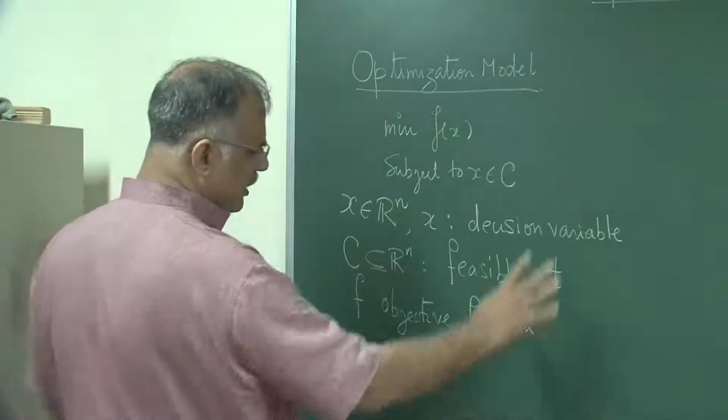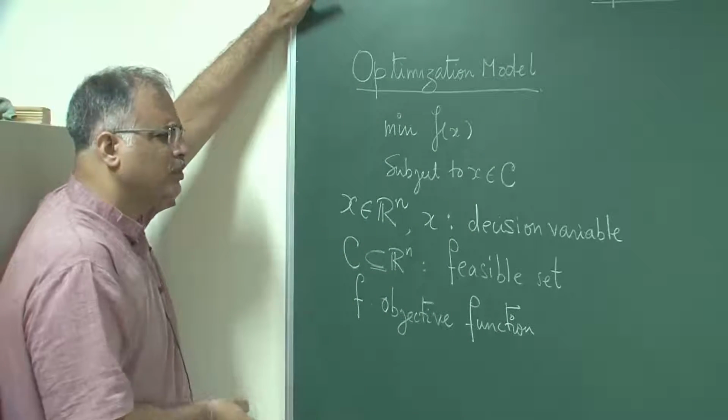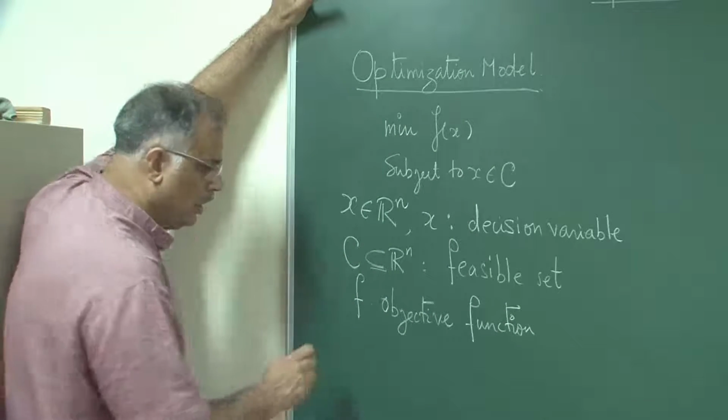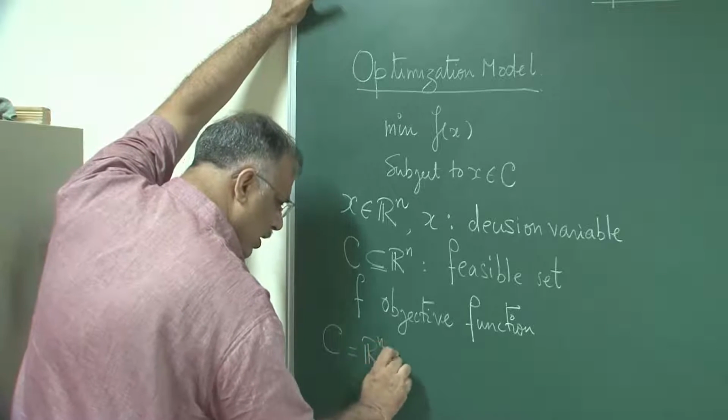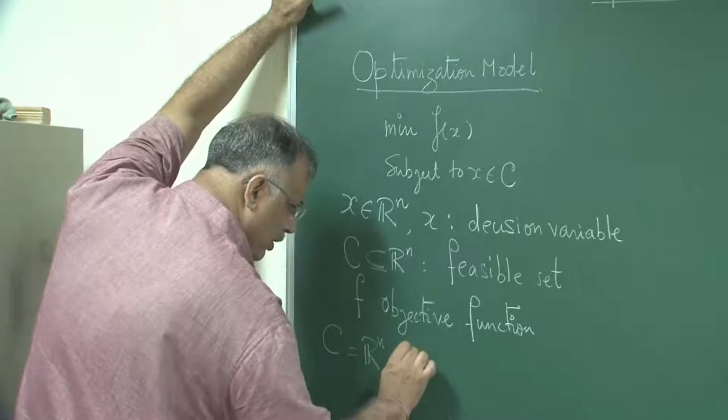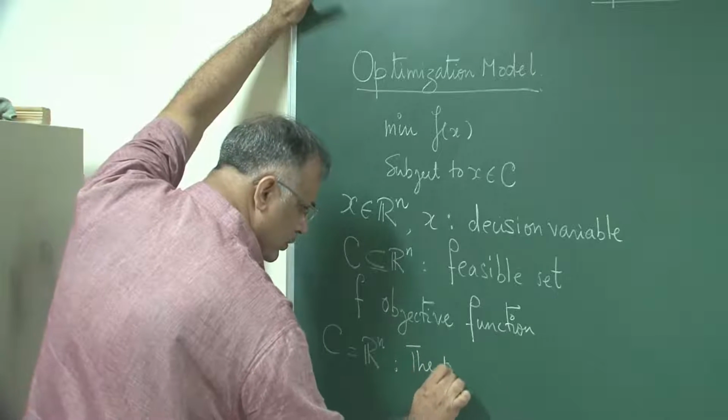So, here is a basic structure of an optimization problem. Now, if C is equal to R^n, that is the whole space, we say the problem is unconstrained.